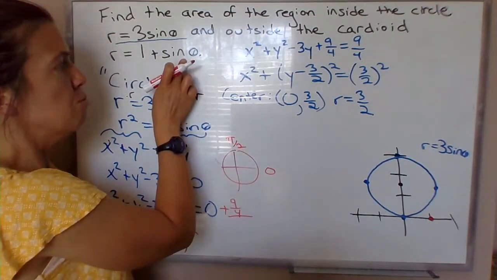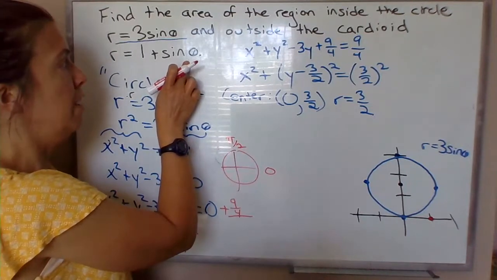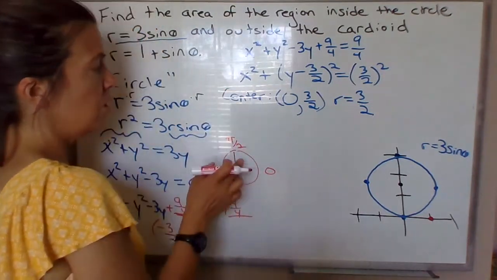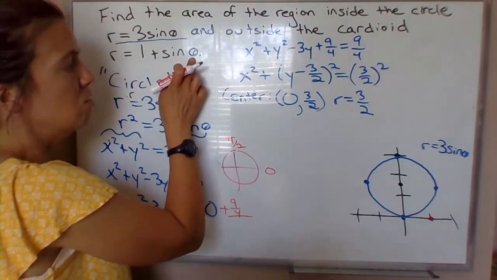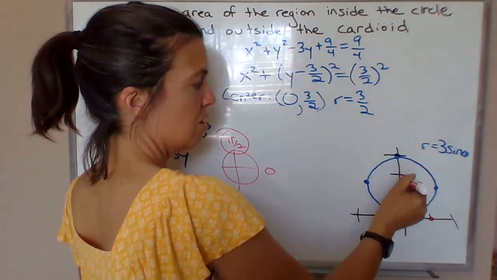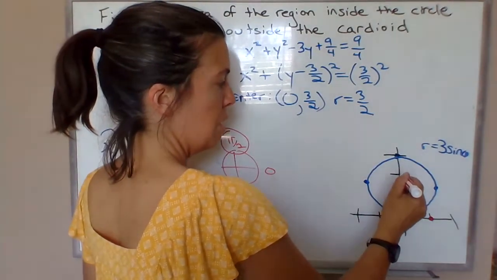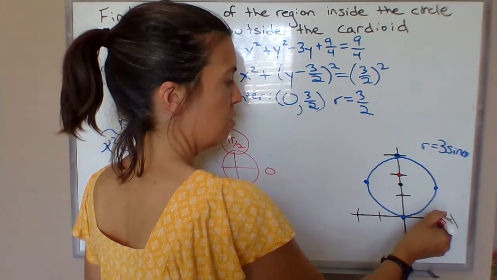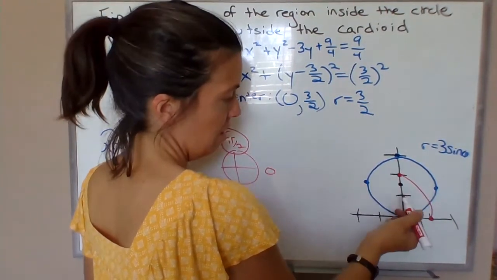So you'll have a maximum value for sine theta of 1, plus 1 here, so 2. And that's going to occur when theta is pi over 2, right? That's when you're up here. So at pi over 2 radians, this ray here, we get a maximum value of 2 on that cardioid. So it's kind of going around like this.